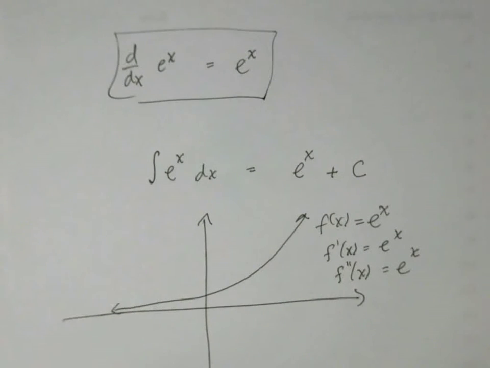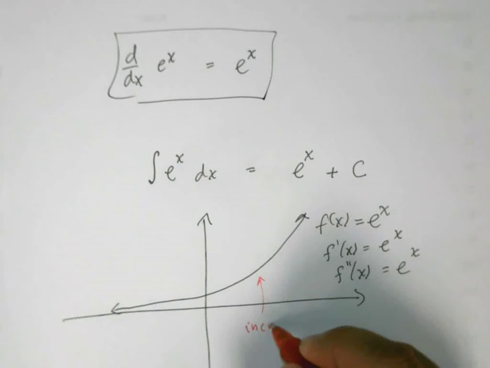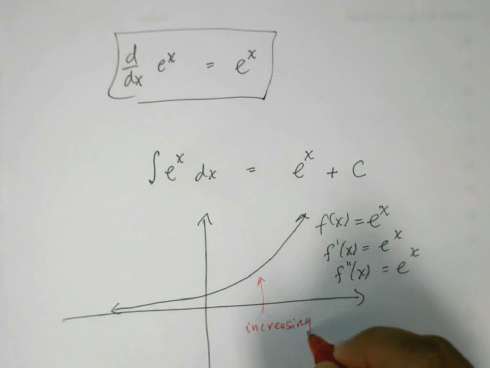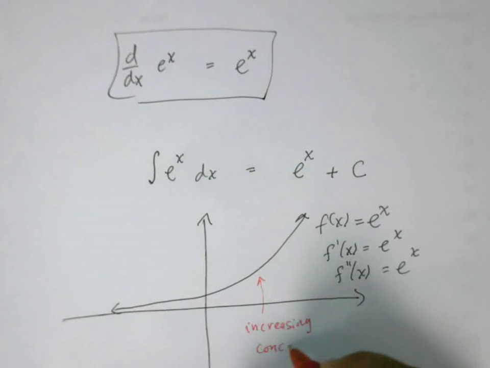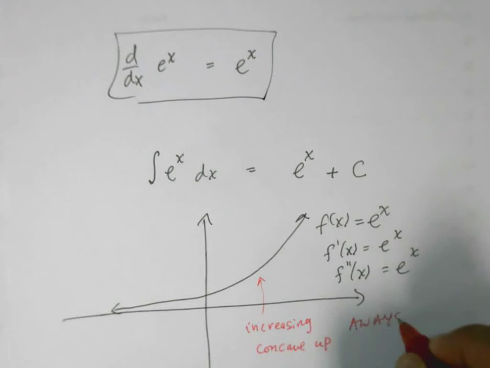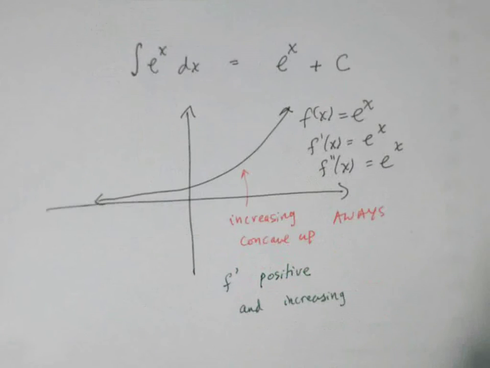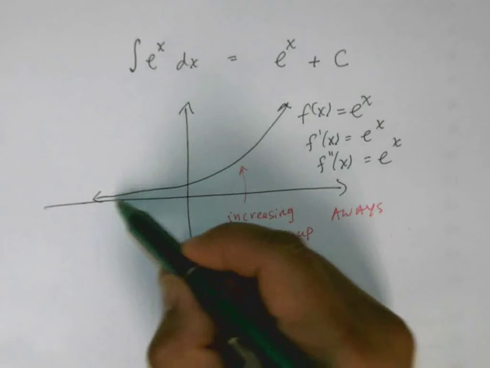If you look at this graph, it is always increasing and concave up. So that means its derivative, f prime, must be positive always and increasing. Incidentally, it's the same picture again. So f prime is the exact same picture.